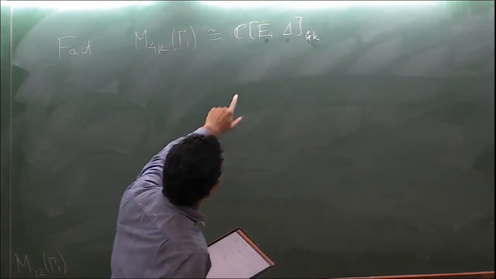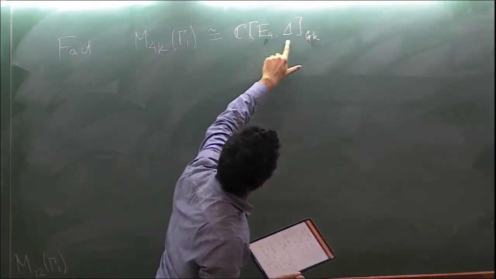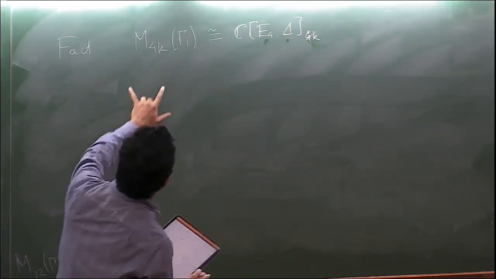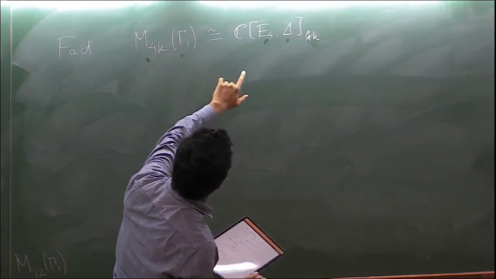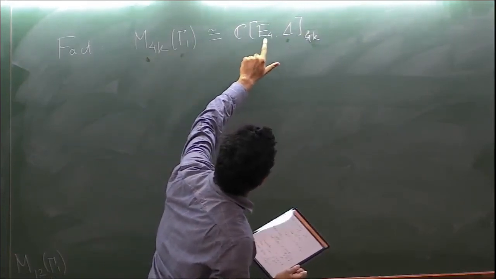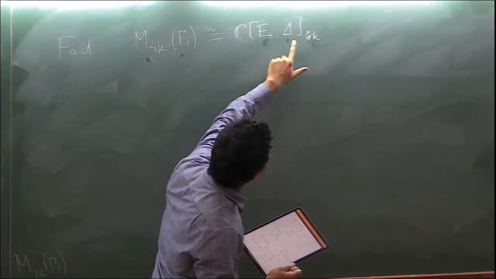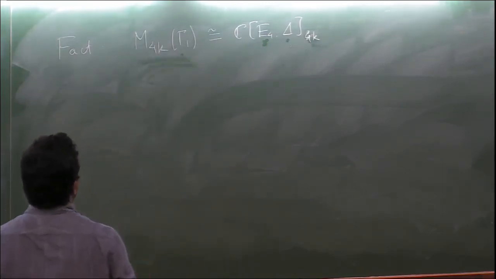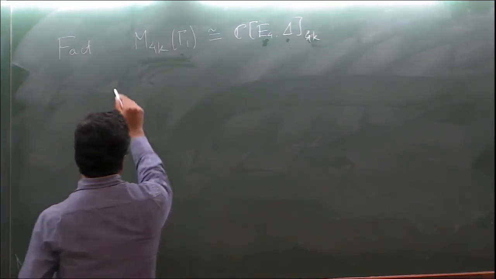Any monomial will have degree 4 times the power of this plus 12 times the power of that. And you can show that the weight 4k modular forms can be written in terms of monomials of E4 and delta. You can check this using this relation, for example, and this will be used later on.